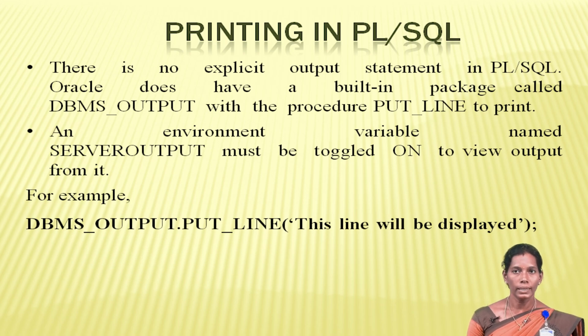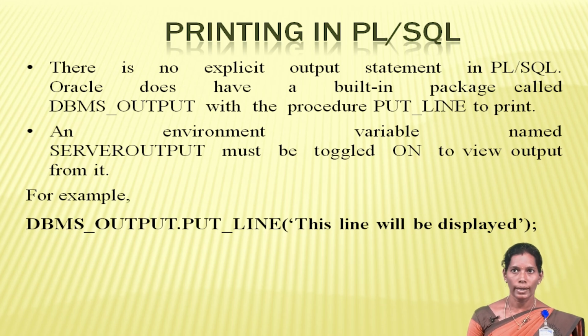Oracle does have a built-in package called DBMS_OUTPUT with the procedure PUT_LINE to print. An environment variable named SERVEROUTPUT must be toggled on to view output from it. DBMS_OUTPUT is the most frequently used package because of its capabilities of getting lines from a file and putting lines into the buffer.